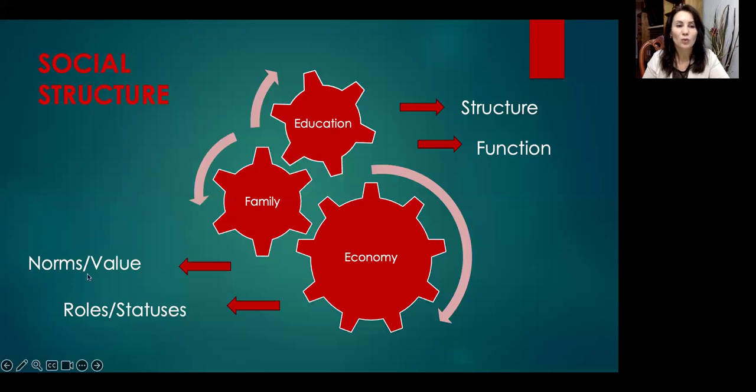All of them have their norms and values, and people have roles and statuses within these institutions. So people interact with one another based on their roles, based on their statuses, and also based on the norms and values created in society. It is like a very machine-like explanation of society.